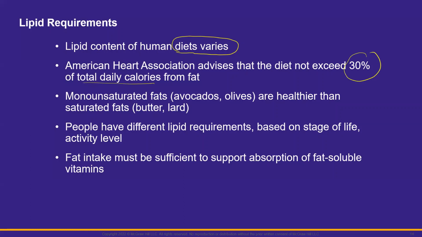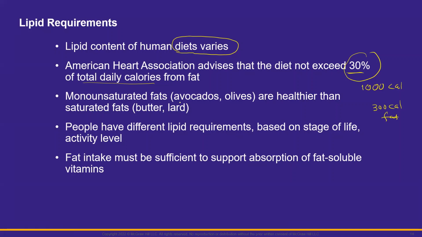Okay, so if you eat a burger, for example, that has 1,000 calories, the 30%, which is 300 calories, so less than 300 should be coming from fat. The rest should come from the carbohydrates or proteins. Okay, so this is the requirement for diet.